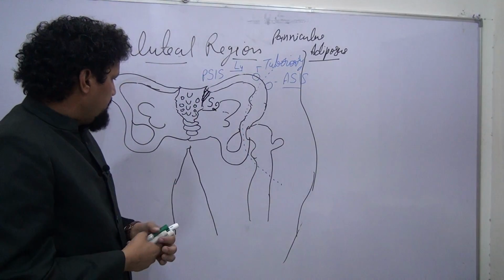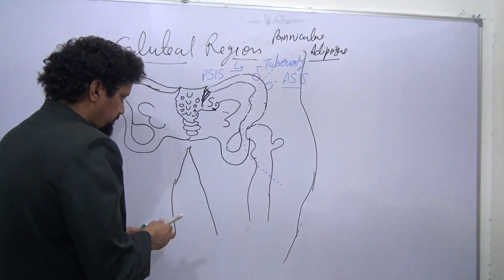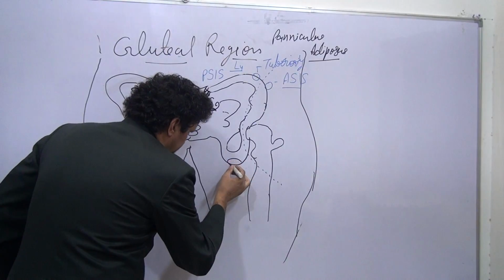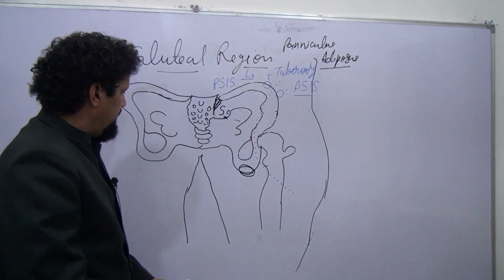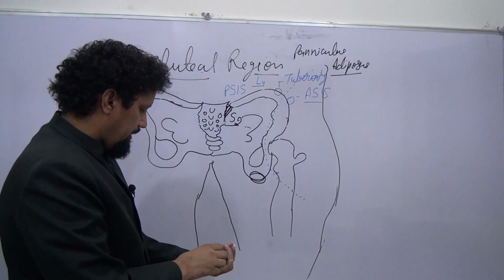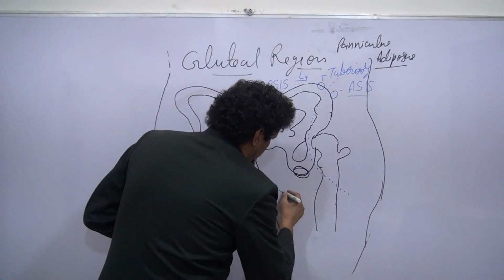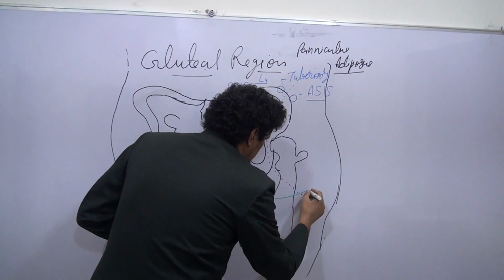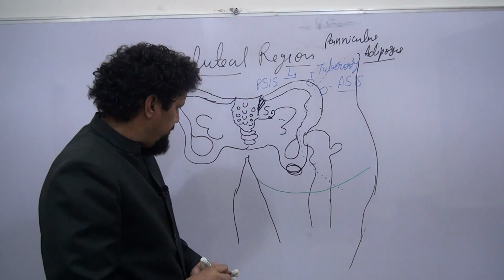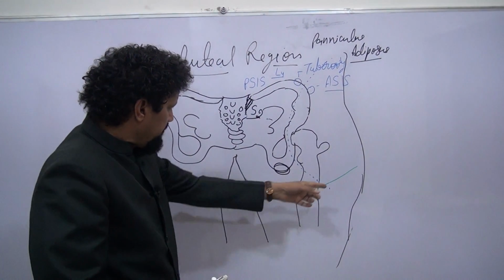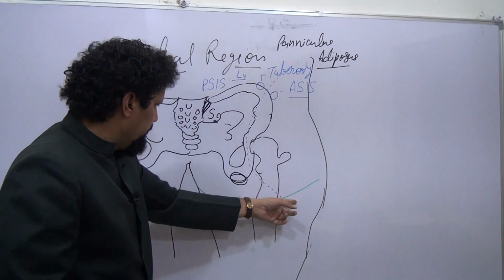One more important landmark, the ischial tuberosity, which is here, the most dependent part of the gluteal region, the ischial tuberosity, and here is the gluteal fold. A transverse ridge or transverse groove forming the inferior boundary of the gluteal region.